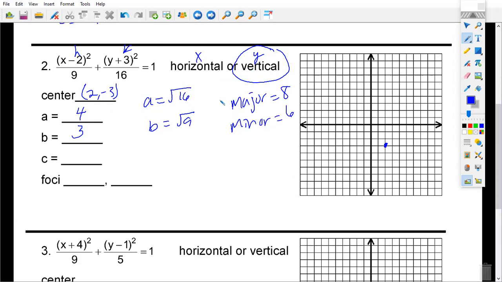And vertical means that my major is going up and down. So I'm going to go 4 up and 4 down. 1, 2, 3, 4. 1, 2, 3, 4. And then I'm going to go 3 left and right. 1, 2, 3. 1, 2, 3.